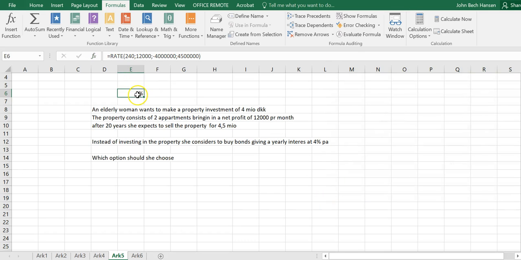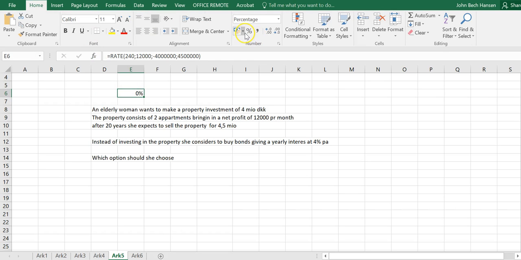So I get an internal rate of return of, from the first point of look at it, 0%, but remember it's per month. And let's see, it's 0.3% per month.